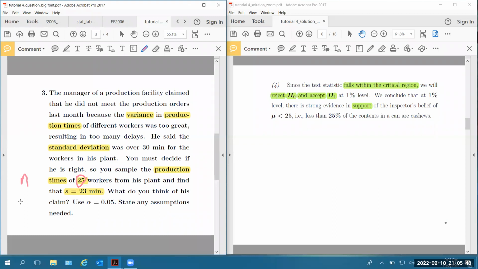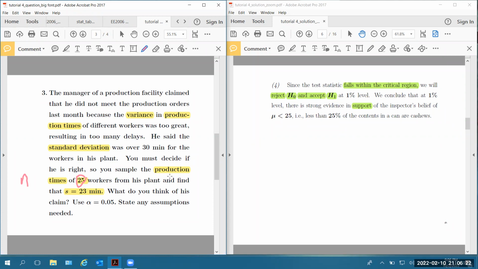So this 25 workers, what did he sample? He didn't sample the height or the weight. He sampled the production times. That means your sample data are production times, so your big X is also production time.